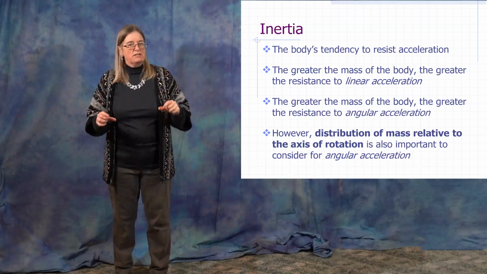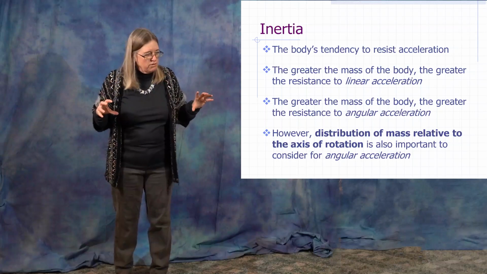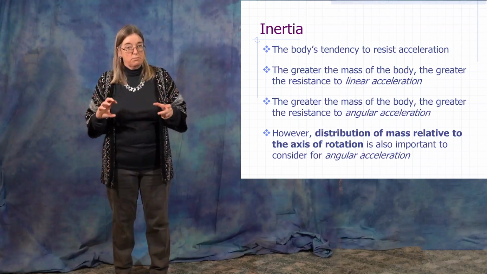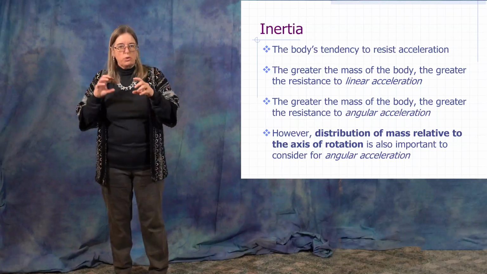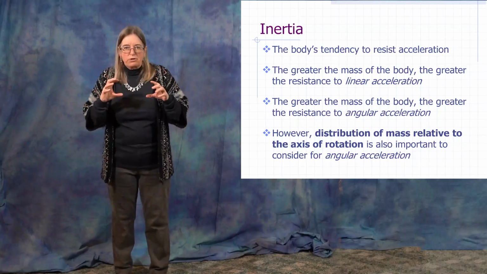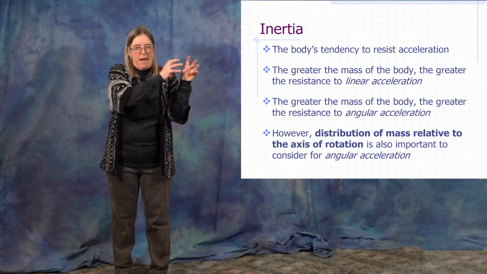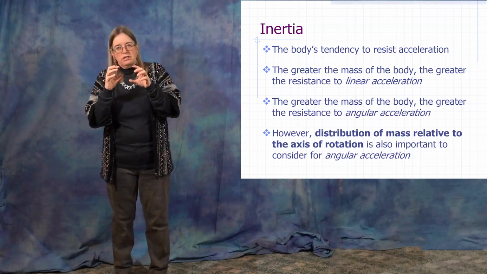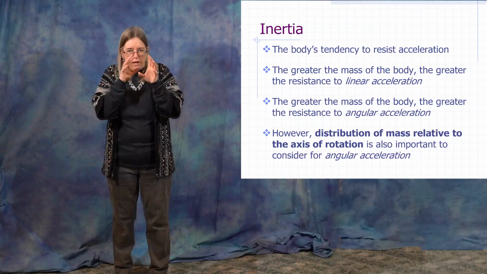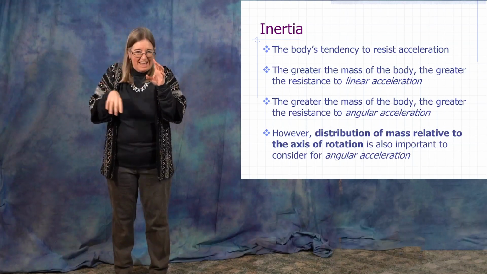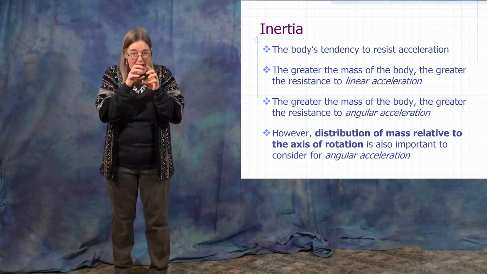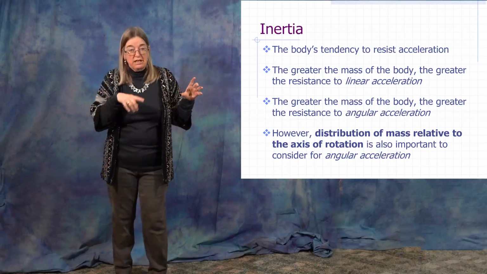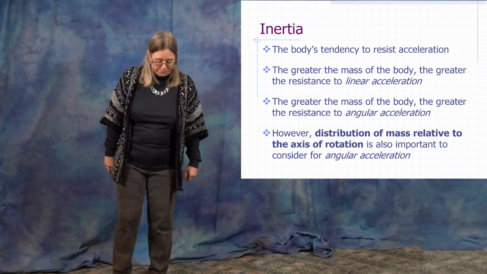It is the mass and the distribution of the mass relative to the axis of rotation that is important. In linear motion, there's only that one element, mass. But in angular motion, there are two elements to that resistance to angular acceleration: the mass and the distribution of the mass relative to the axis of rotation.